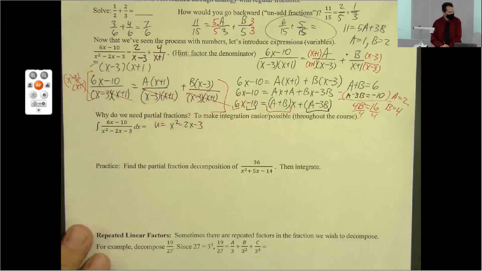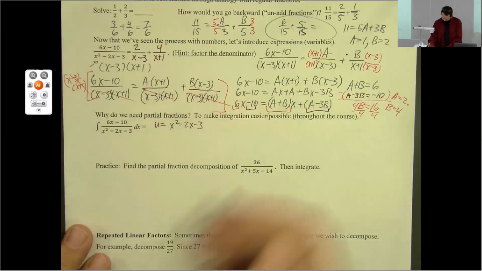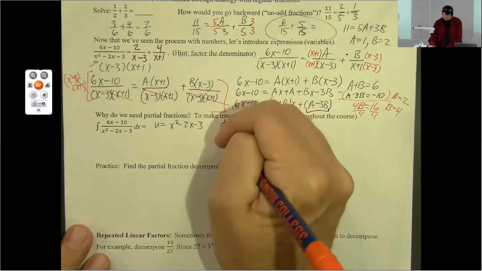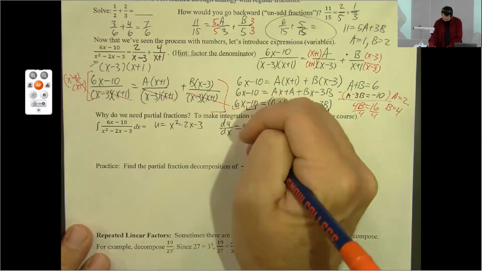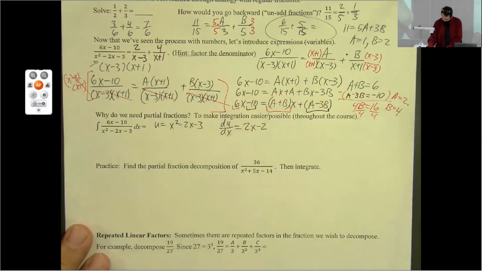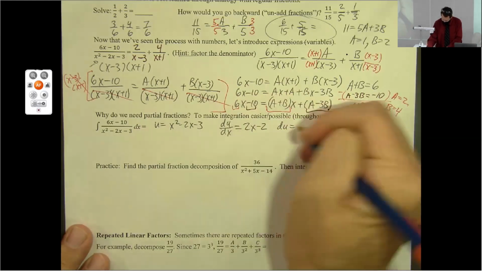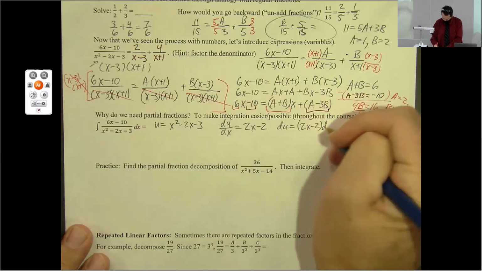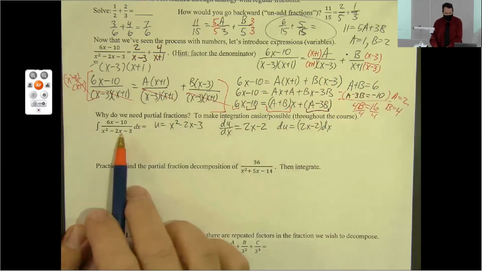You might try a u substitution. Then what's du dx? 2x minus 2. So du would be equal to 2x minus 2 dx. Is that going to give us a nice, easy, good fit here? No. So if we don't know partial fractions, we're stuck.